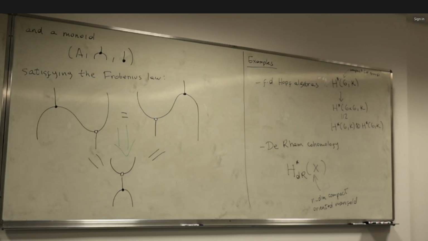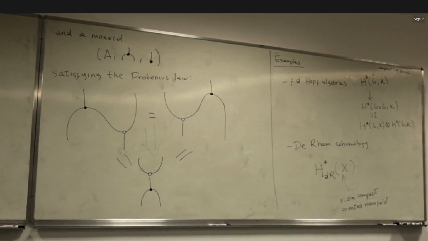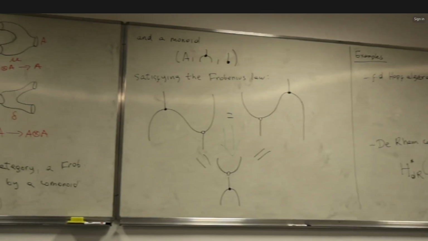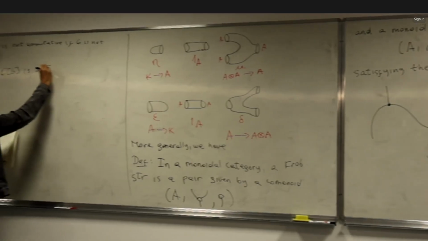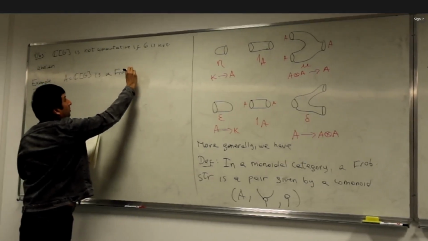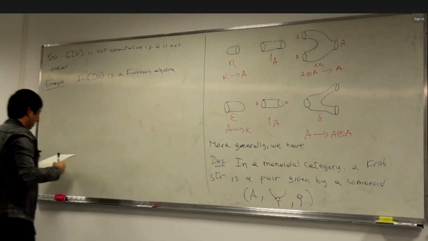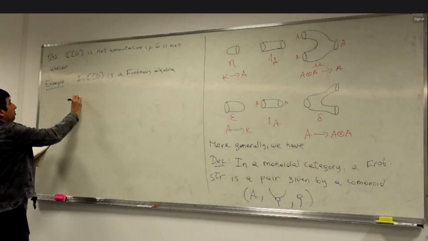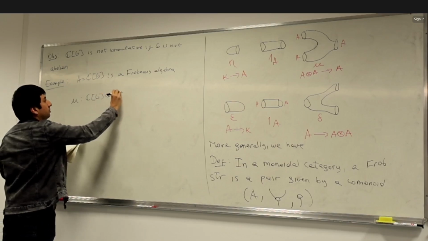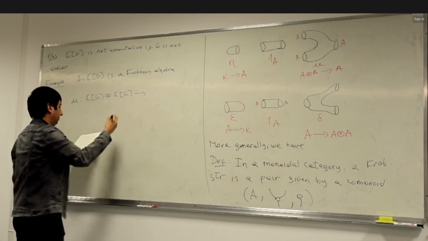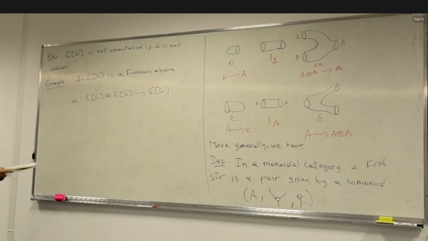Another example is a Frobenius algebra. Well, we need to define the product and the coproduct. Well, the group ring makes sense for any ring.